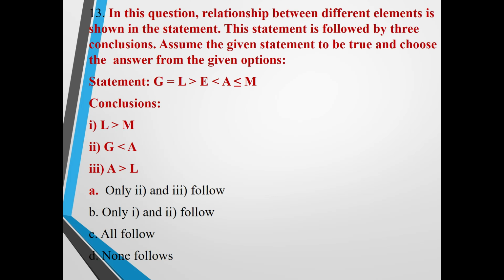Statement: G is equal to L greater than E, less than A, less than or equal to M. Conclusions: L greater than M; G less than A greater than L. Options: A only 2 and 3 follow, B only 1 and 2 follow, C all follow, D none follows. Answer is D, none follows.